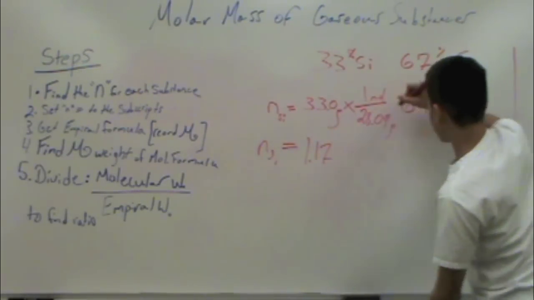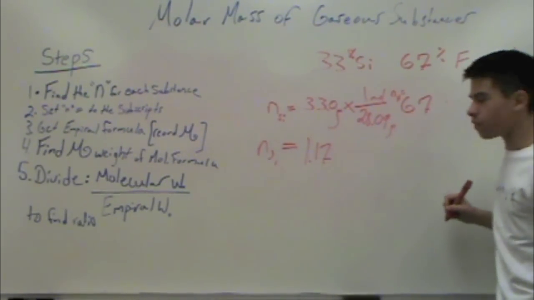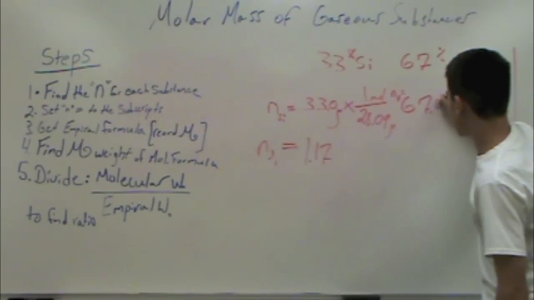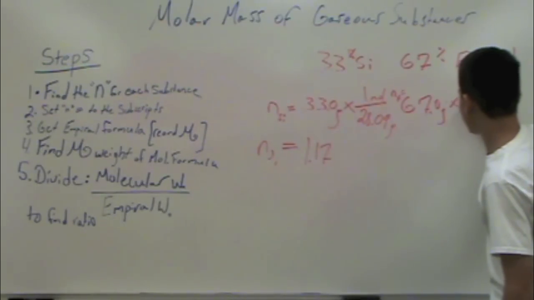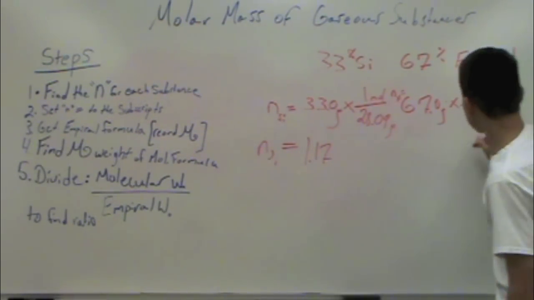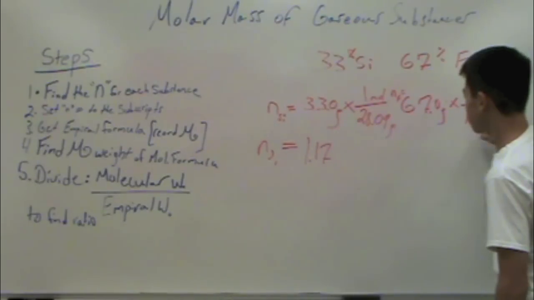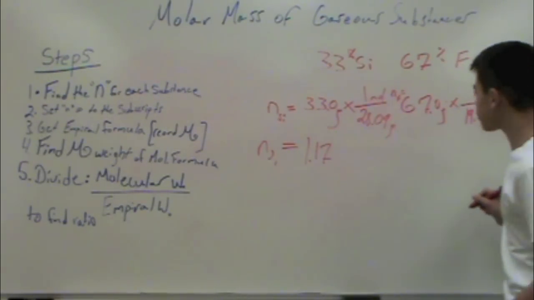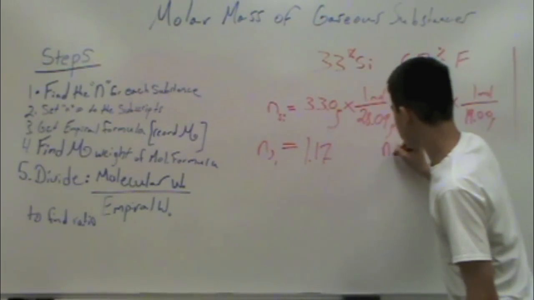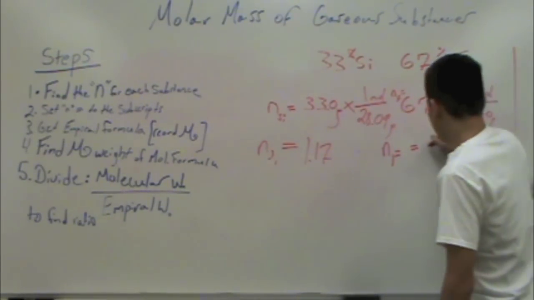And doing the same thing for fluorine, number of moles of fluorine, grams. Our conversion factor for fluorine, however, is 1 mole for 19.00 grams. In doing this, we find that the number of moles of fluorine is equal to 3.53.